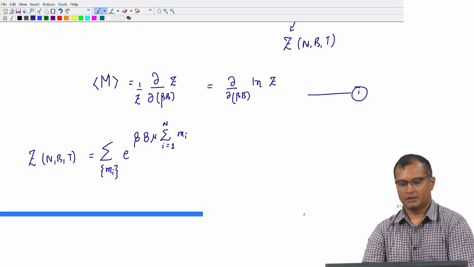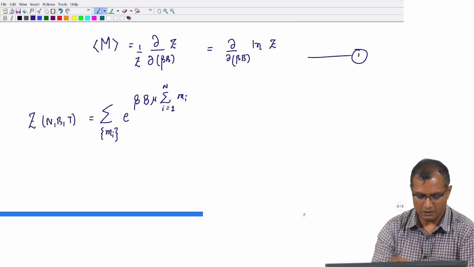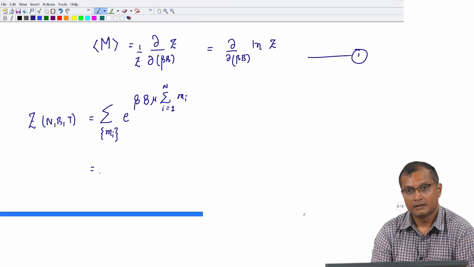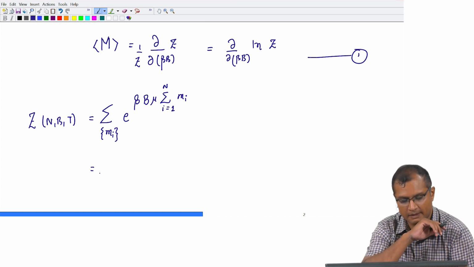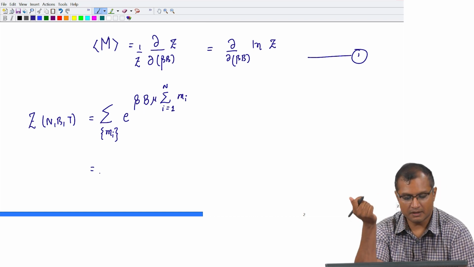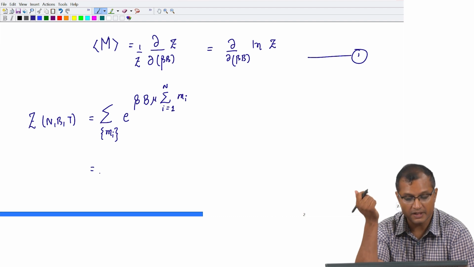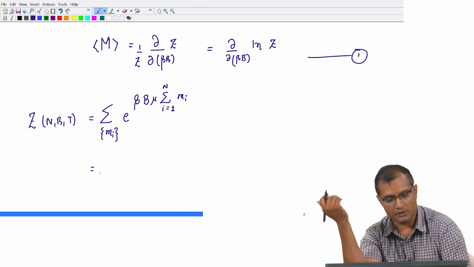I can now split up these summations, because they are summations over the degrees of freedom, the microstates.